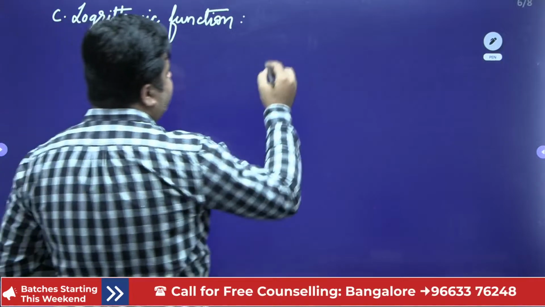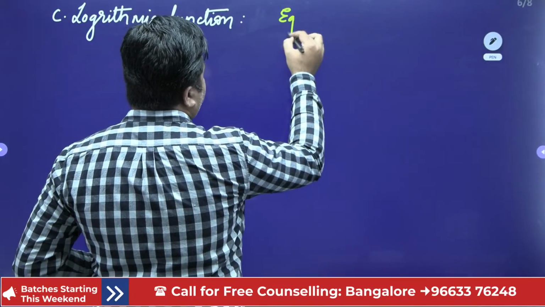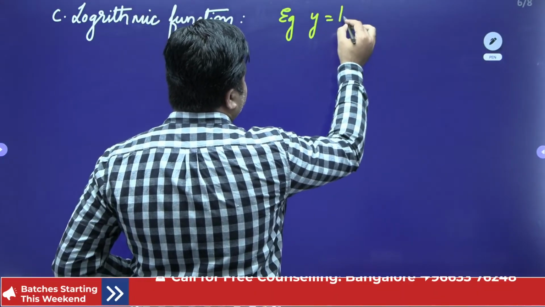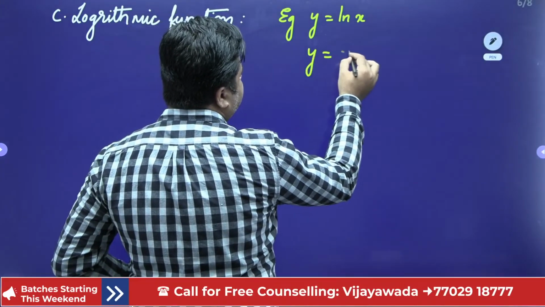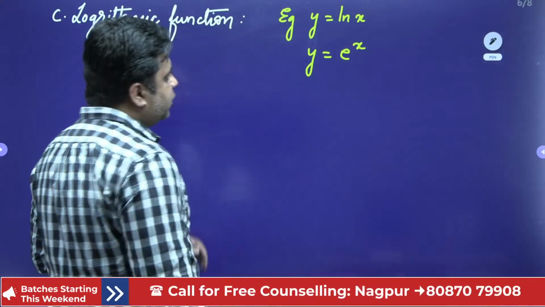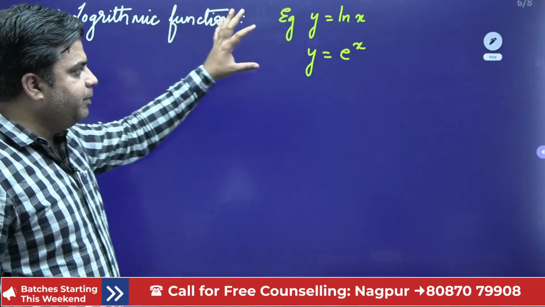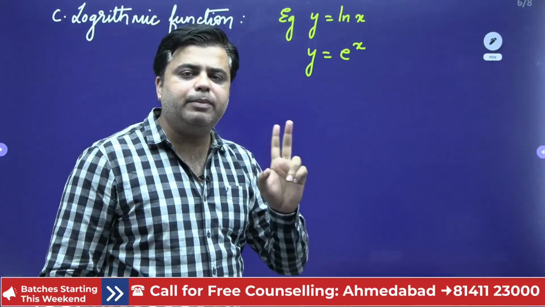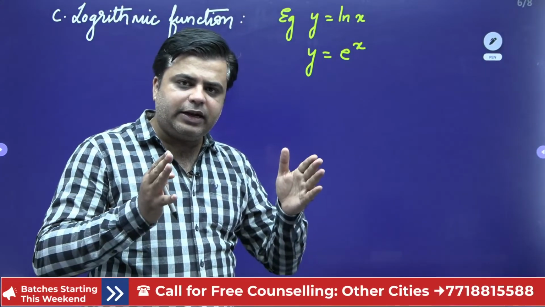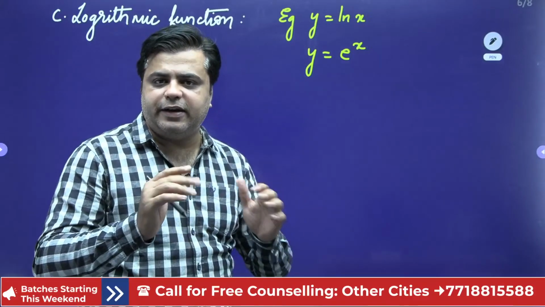So if you write, for example, y is equal to natural log of x, or y is equal to e raised to the power x, both these functions will be, first of all, continuous. Second, they will be differentiable in the range where these functions are defined.